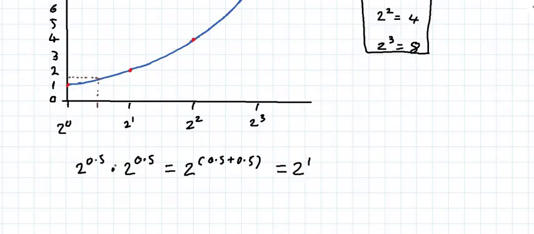In other words, we've found that 2 to the power of a half is actually the square root of 2.